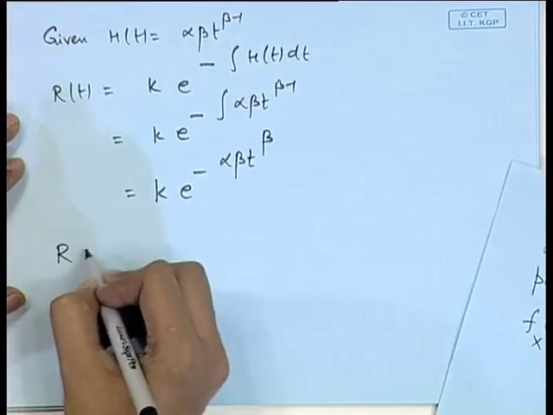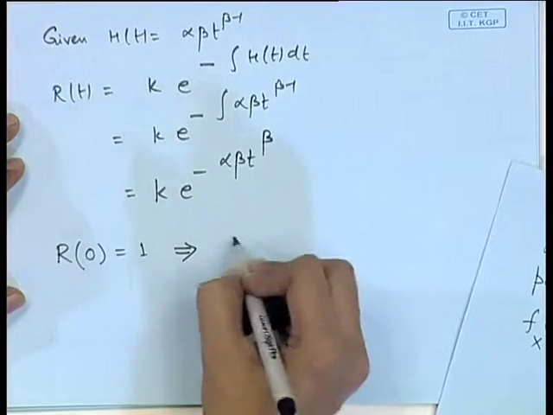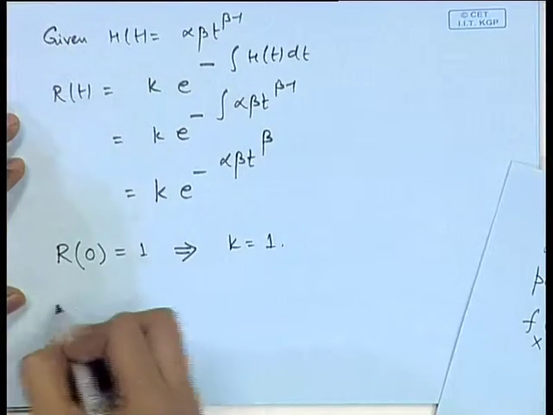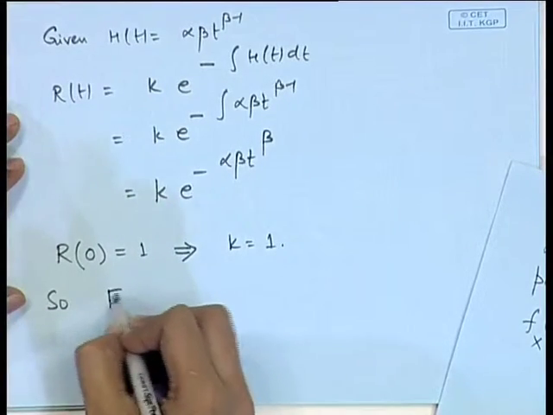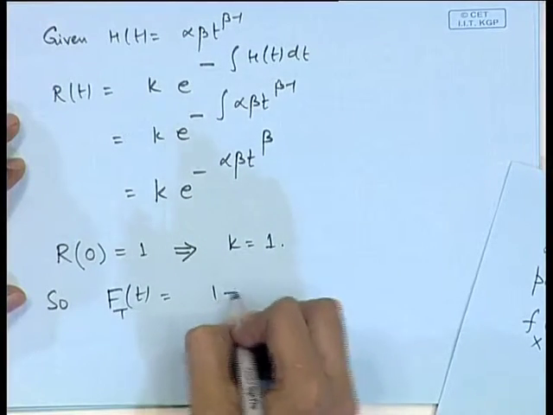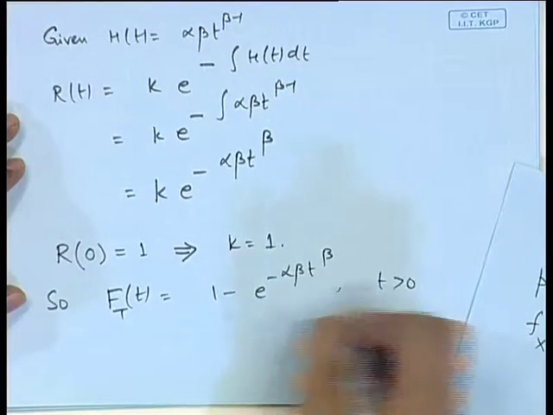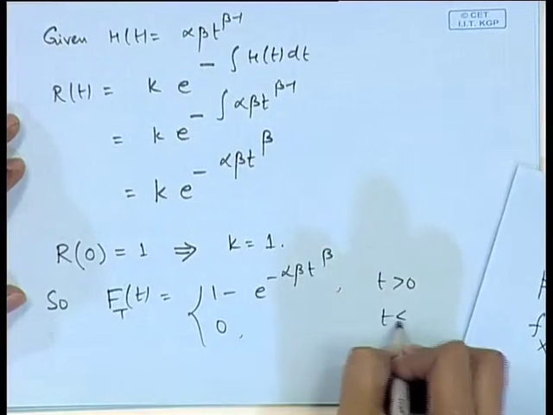So, if I put R(0) equal to 1, then this will give us k equal to 1. So, F(t) will become equal to 1 minus e to the power minus alpha t to the power beta for t greater than 0 and 0 for t less than or equal to 0.